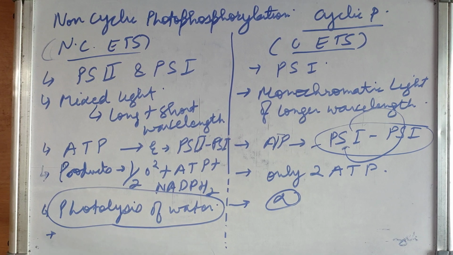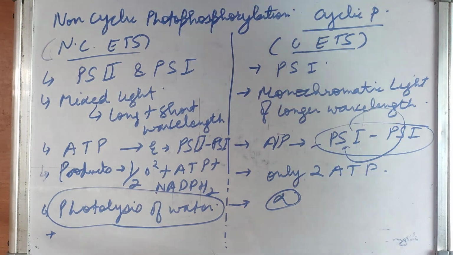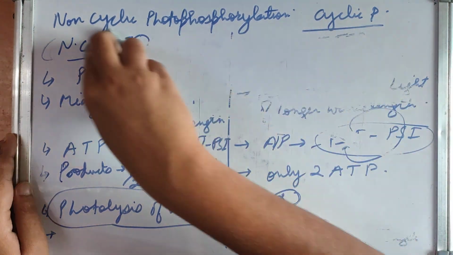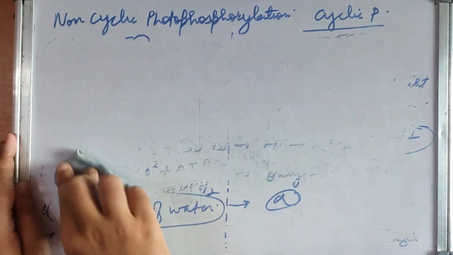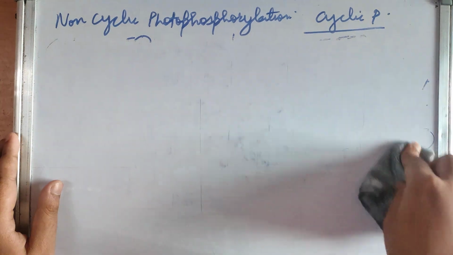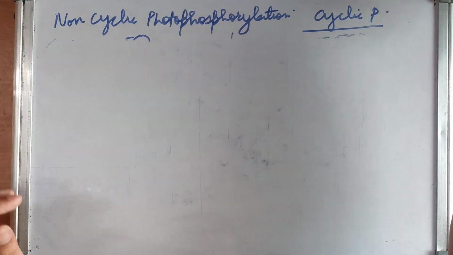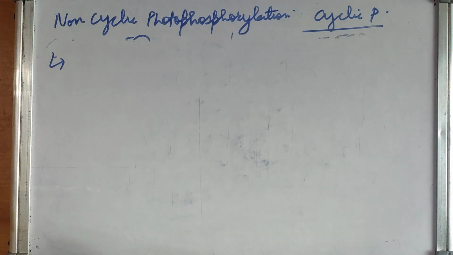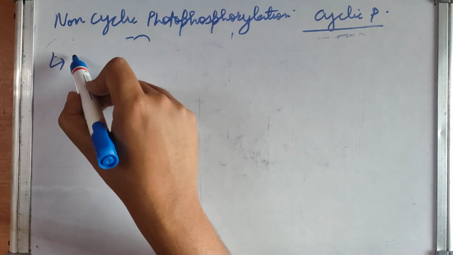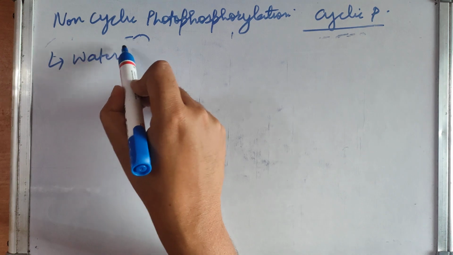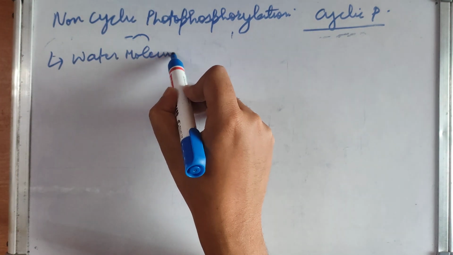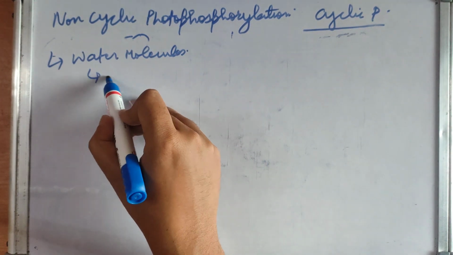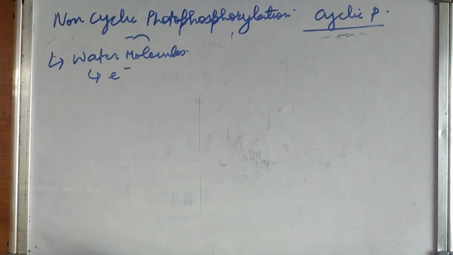In non-cyclic, the water molecule is the source of electrons, which helps the chlorophyll molecule come back to the ground state.